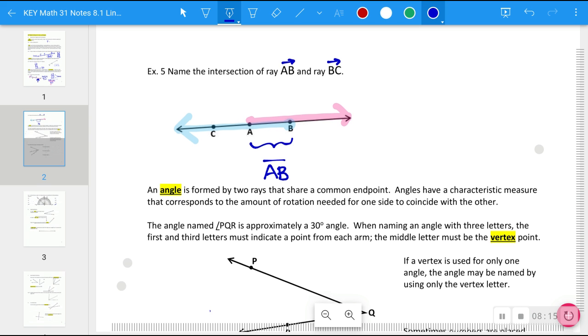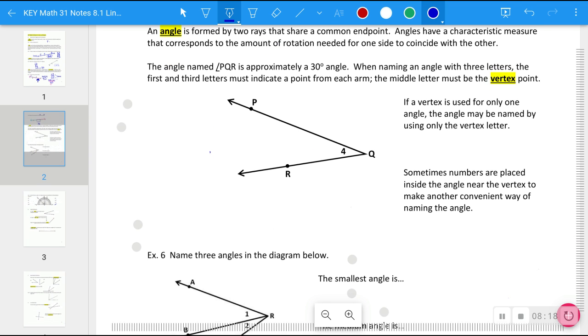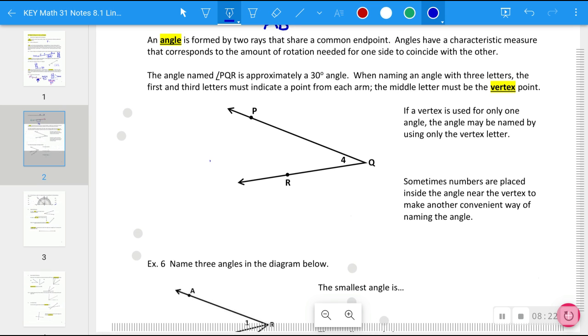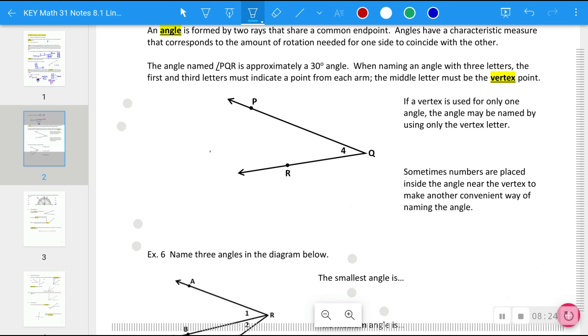Okay, moving on. An angle is formed by two rays that have a common endpoint. So what we have here is this upper ray, PQ, or QP, has an endpoint of Q. And the other one is ray QR, and endpoint or starting point, those are actually synonymous in this context.